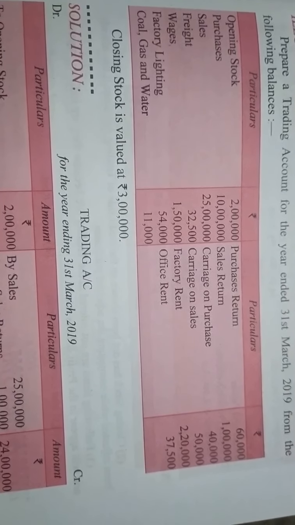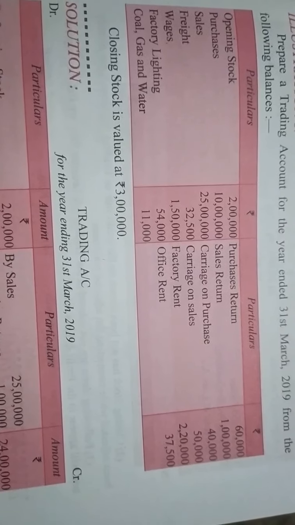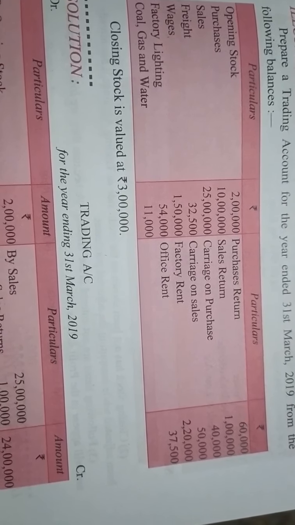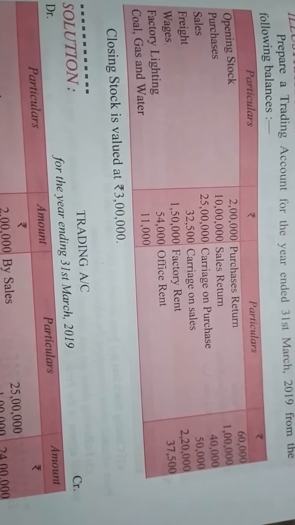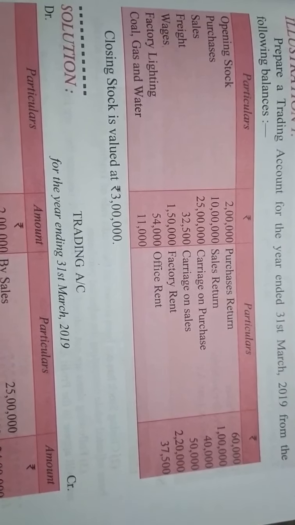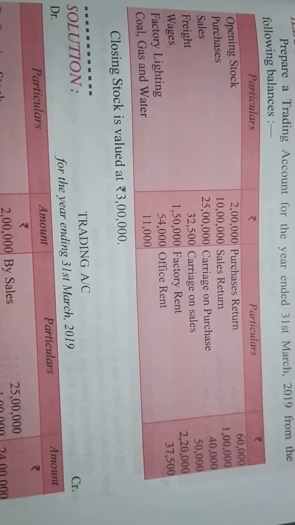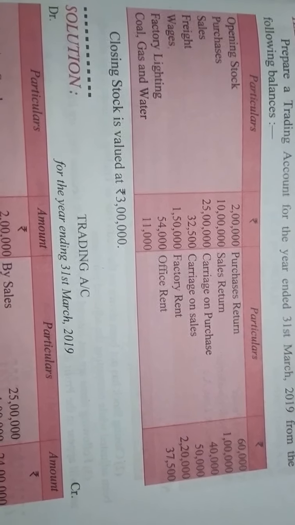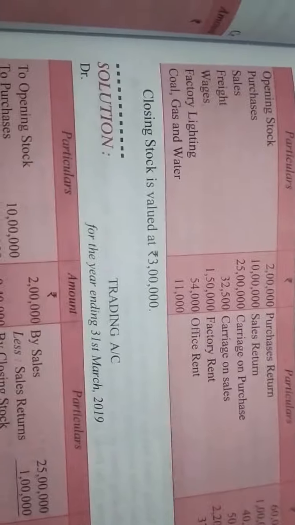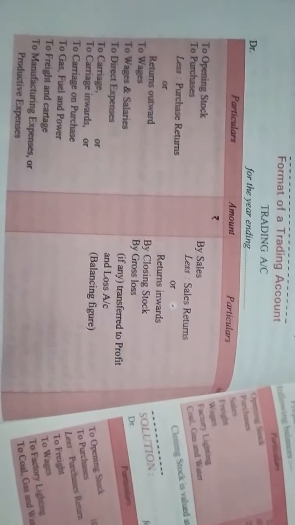In the previous online class session, I explained to you the format of trading account, that is, how to make postings within the trading account. This format was provided by me related to trading account.